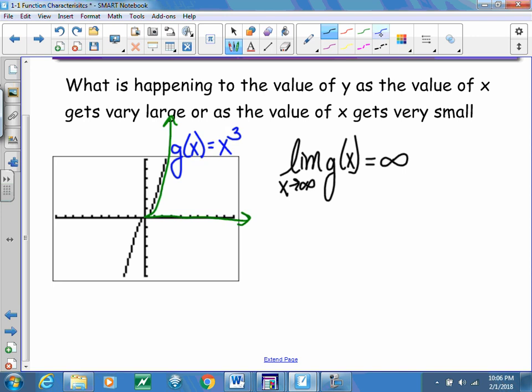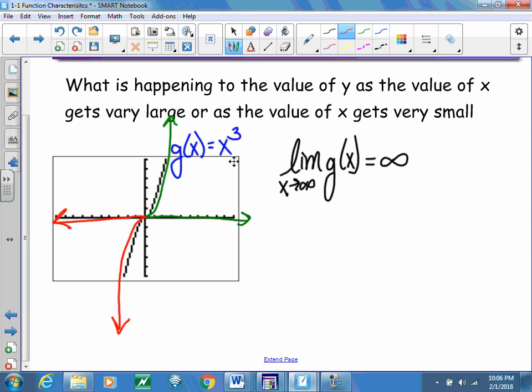Now that's going to change for the negative side of things. If you look at what happens as x gets really small, notice that our graph here is down in the third quadrant. A negative number to a third power is always going to be negative. It's going to be a very, very small negative number.